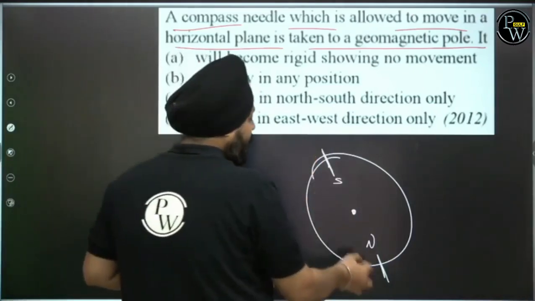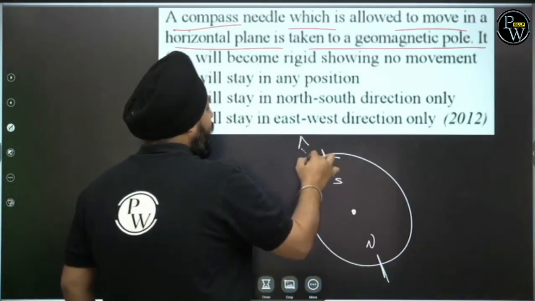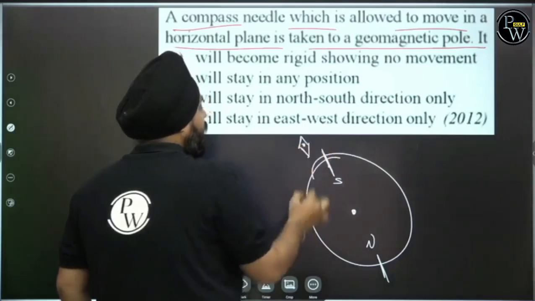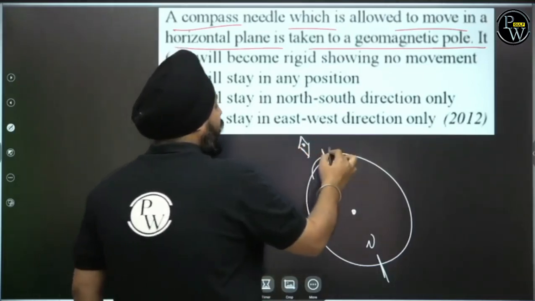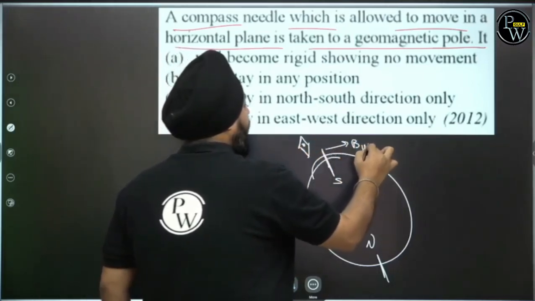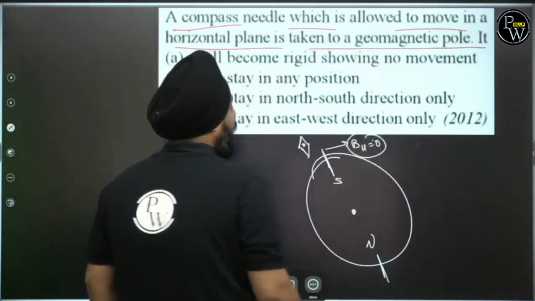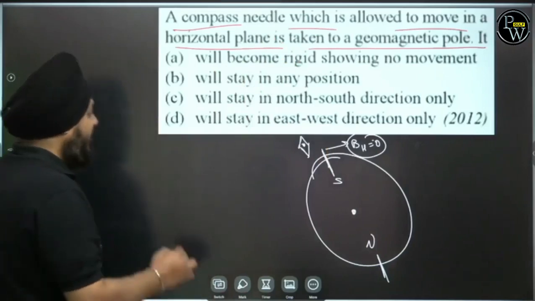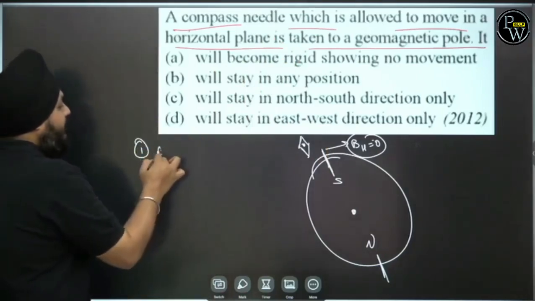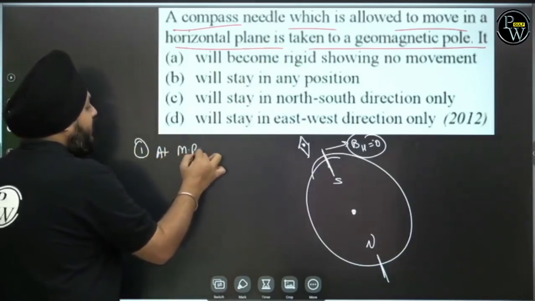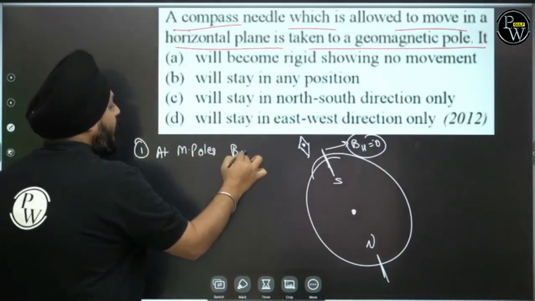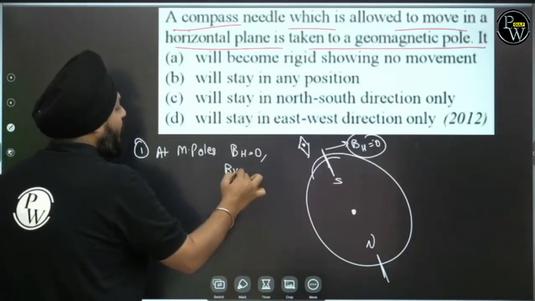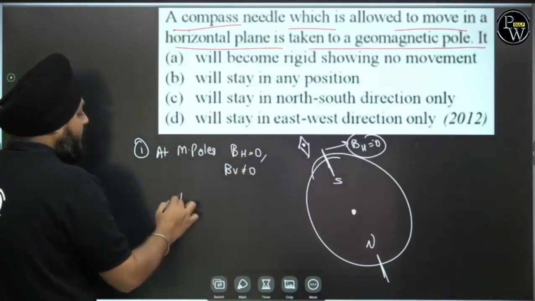Suppose here the needle is kept. Here the horizontal component of the earth's magnetic field is 0. We are having only the vertical component. At magnetic poles, the horizontal component is 0 and the vertical component is non-zero.